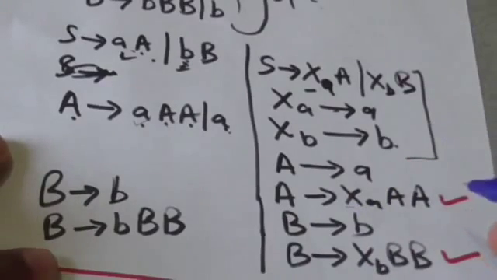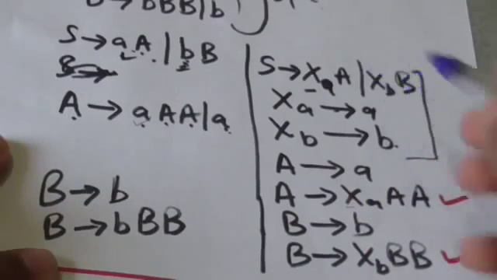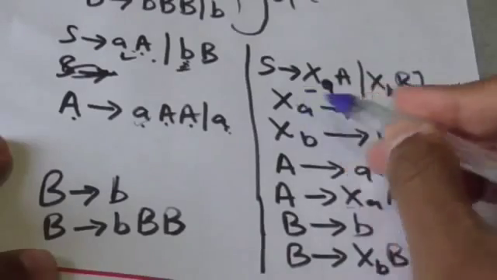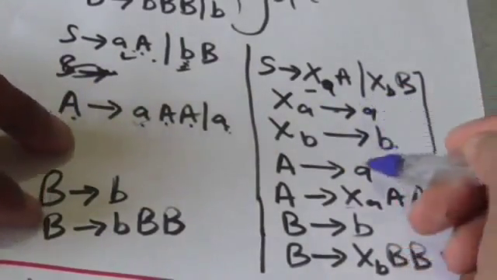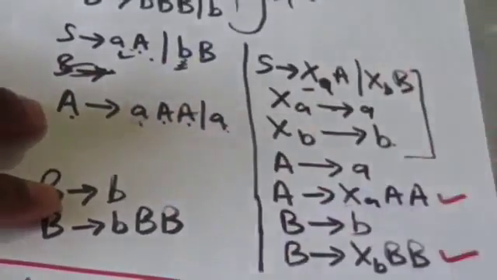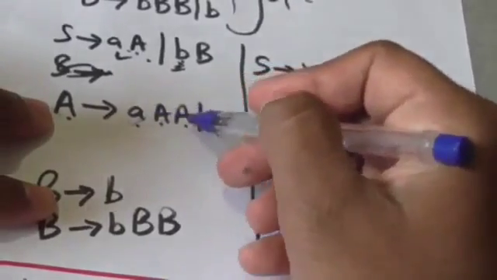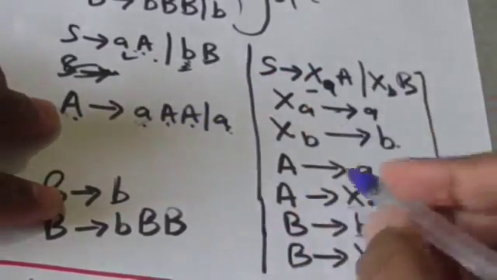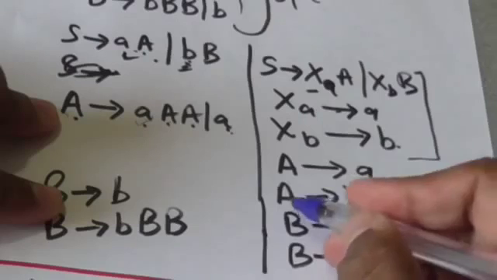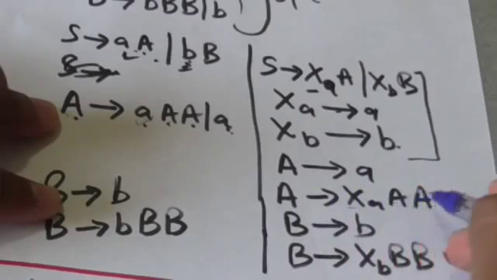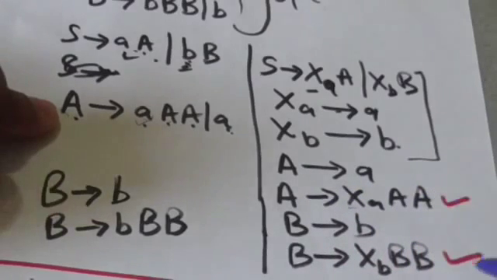And the production XA derives A is already in grammar G. So this production A derives A will be removed, and we will have a production A derives XA in grammar G.